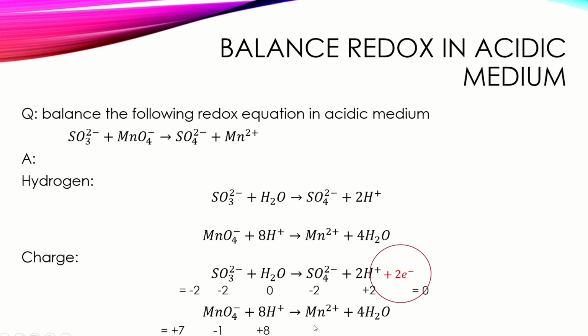On the right side, Mn2 plus, the charge is positive 2 and H2O is neutral, so 0 for H2O, and the total charge on the right side is equal to 2. So now we have to balance the charge between the left side and right side by adding electrons. Electrons have negative charge, so we are going to balance the charge by adding 5 electrons on the left side.